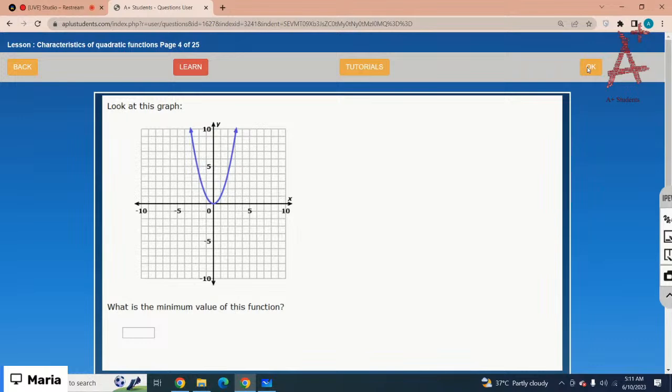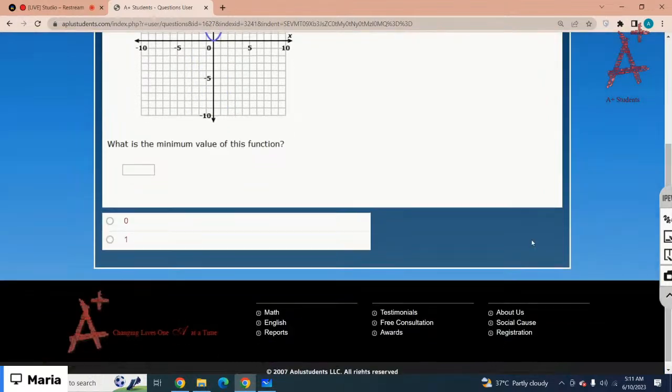So the minimum value of the function is 0. Got it? The correct option is 0.